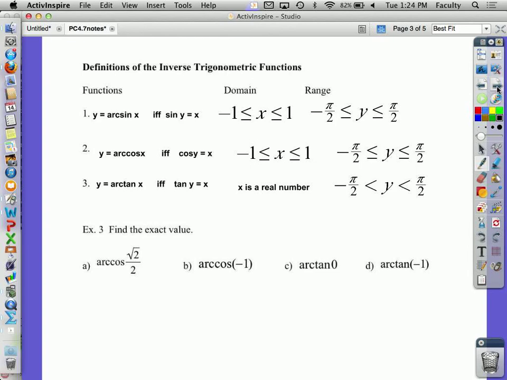The domain, we've already stated this, x is between negative 1 and 1, and the range is negative pi over 2 to pi over 2. In a moment, we'll graph cosine and look at its inverse.